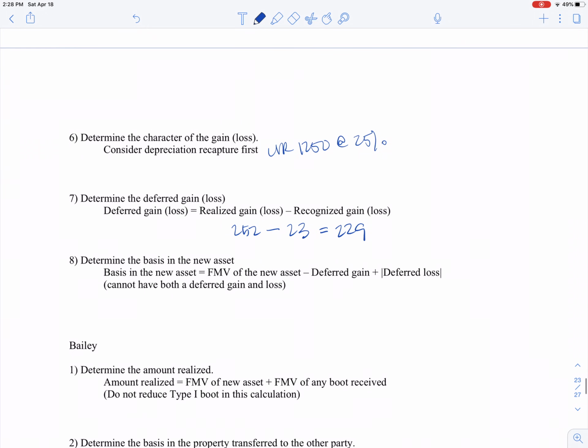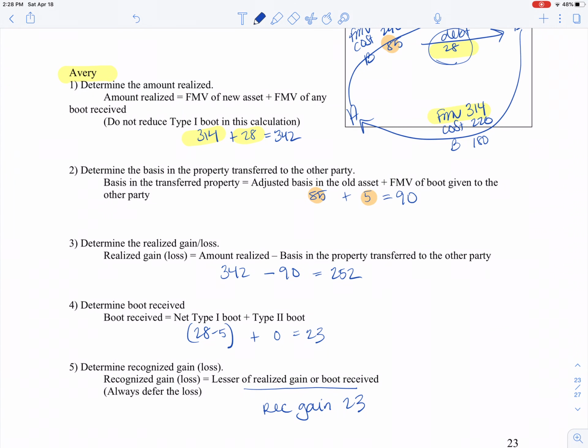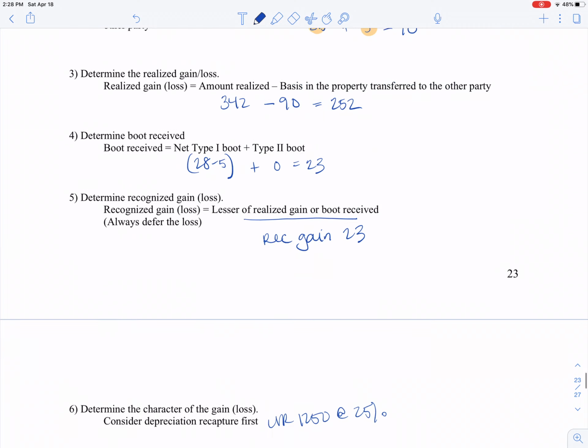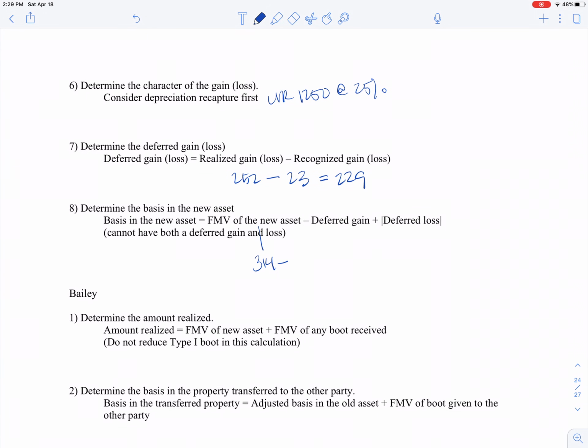Then finally, her basis in the new asset is the fair market value of the new asset. So the fair market value is the 314 of the asset she's getting. So 314 minus the deferred gain of 229 or $85.